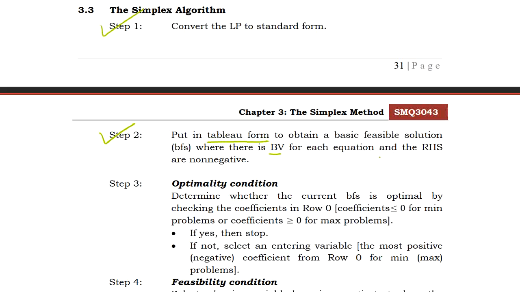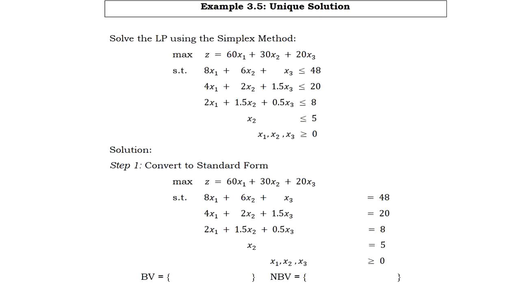Okay, to understand the rest of the steps, let's look at example 3.5. You are given this LP form, and then we need to solve the LP using the Simplex method. So first step is convert to standard form. Because all of the constraints are less than or equals to sign, we need to add slack variables to the left hand side.